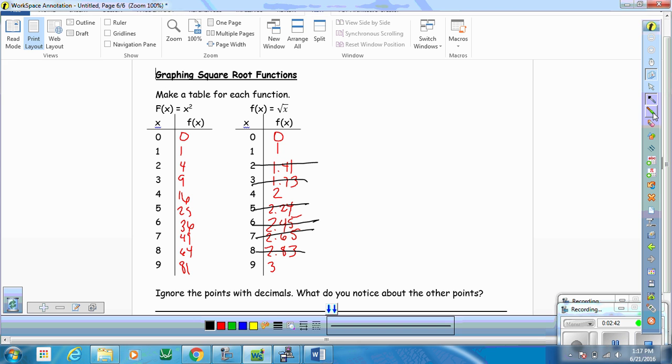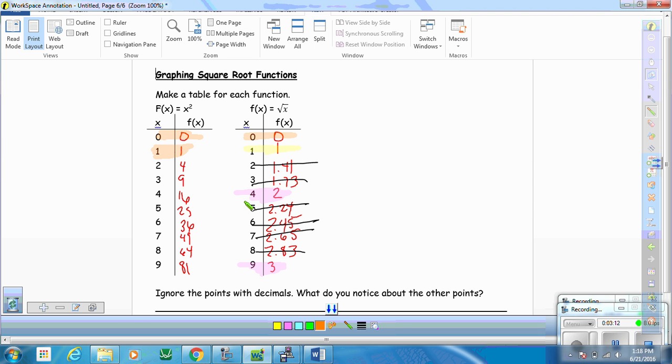What do we notice about the points? So I have 0, 0. I have 1, 1. I have 4, 2. And I have 9, 3. So if I look in comparison over here, the first couple of them are the same. 0, 0 and 1, 1 look the same.